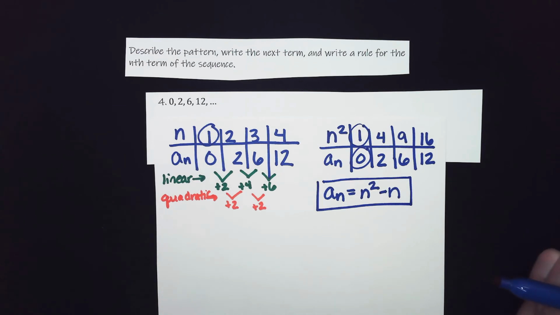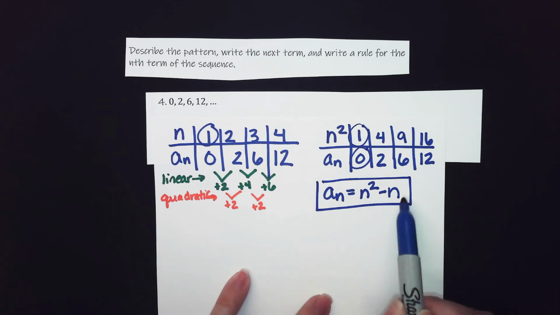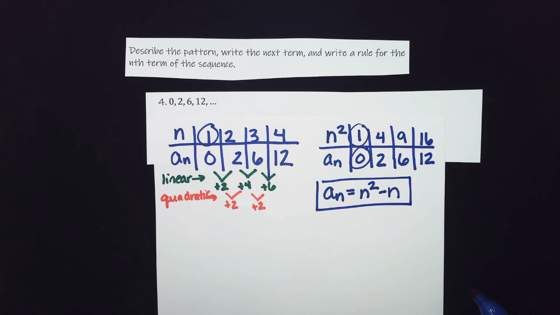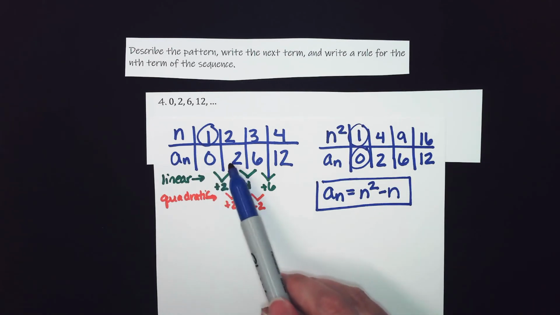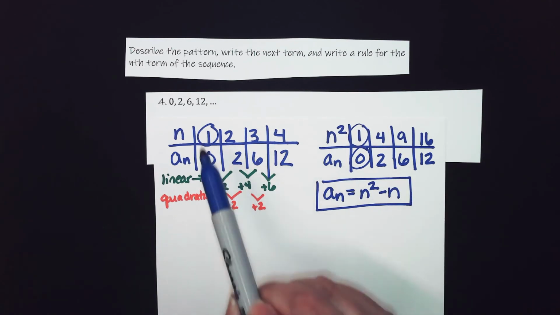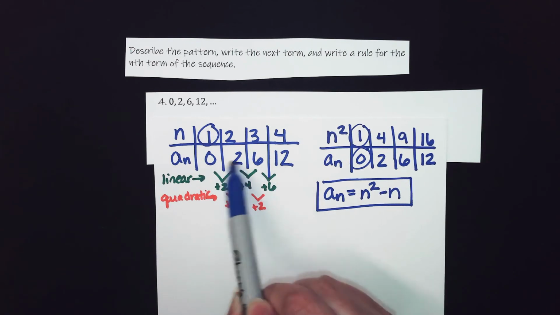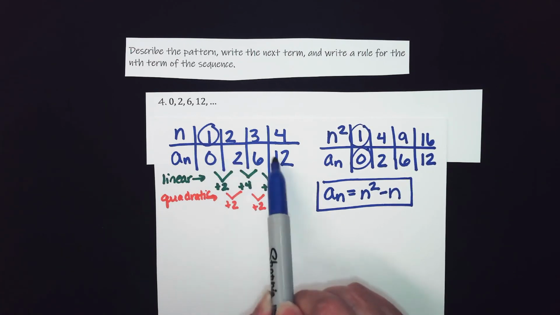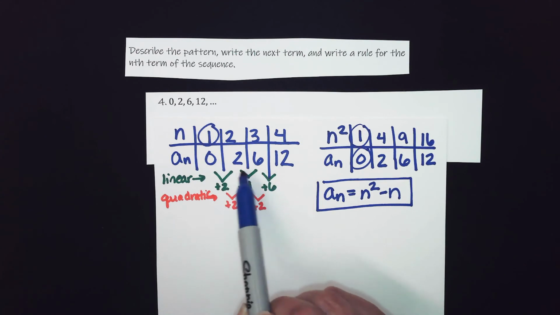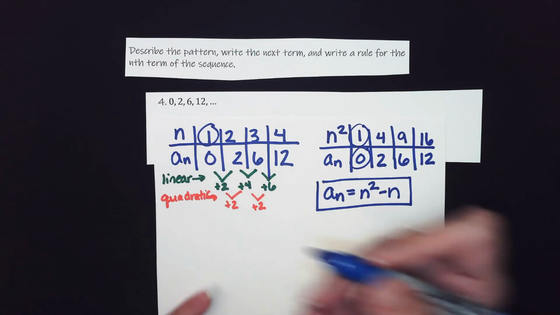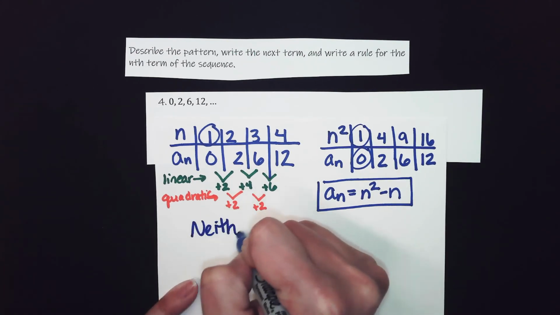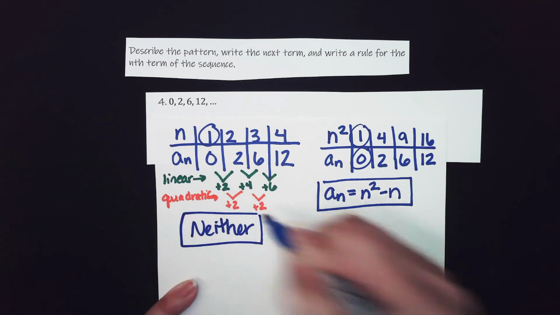All right, so looking at this, I can tell right away it's not arithmetic. I'm not multiplying by the same number each time, because 0 times anything is still 0. So it's not geometric. I can't add the same term we determined right here. That is not arithmetic. So we would say this one was neither. That would be how we would describe the pattern.